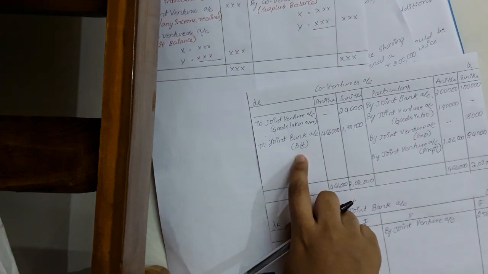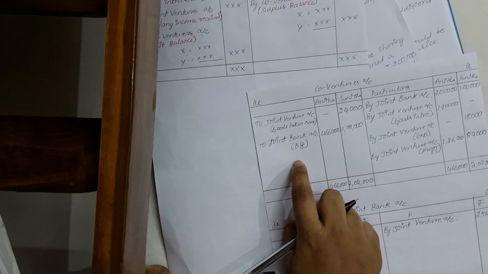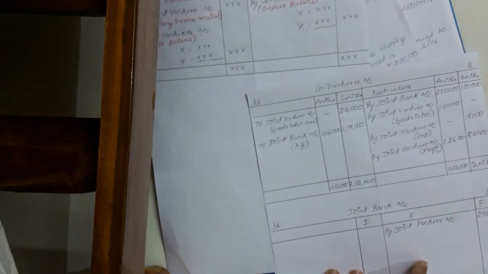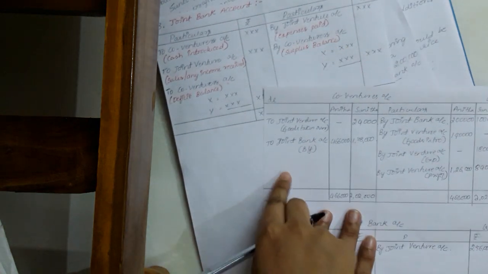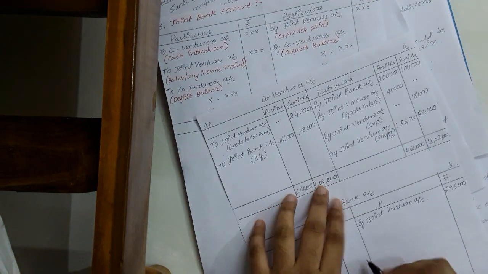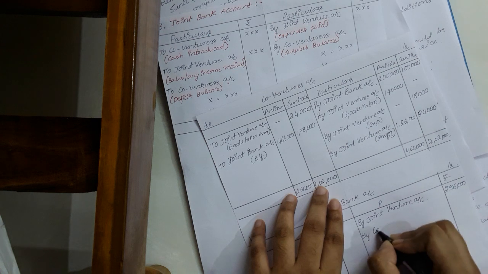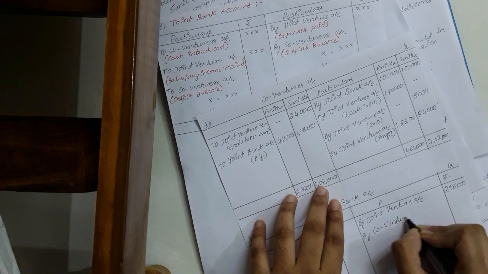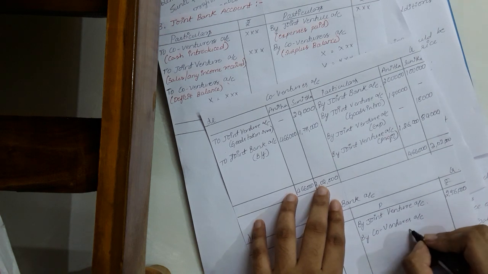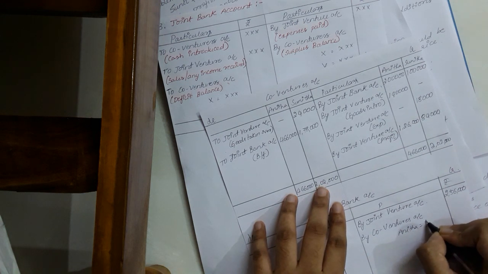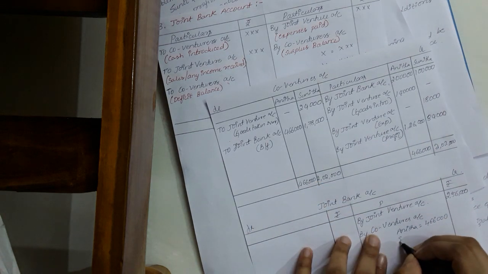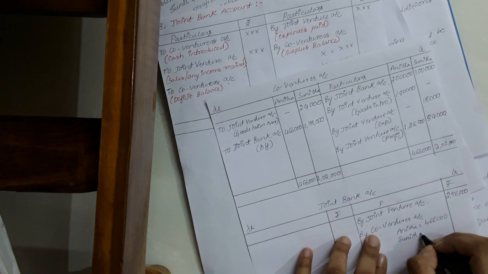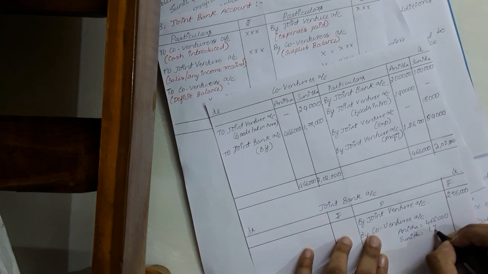Next, coming on to the co-ventures accounts. Here we had the profit, right? Here we had the surplus that needs to be written here. By co-ventures account, surplus balance of co-ventures account. What is the surplus value of Anita? That is 4,66,000. Of Sunita it is 1,76,000.